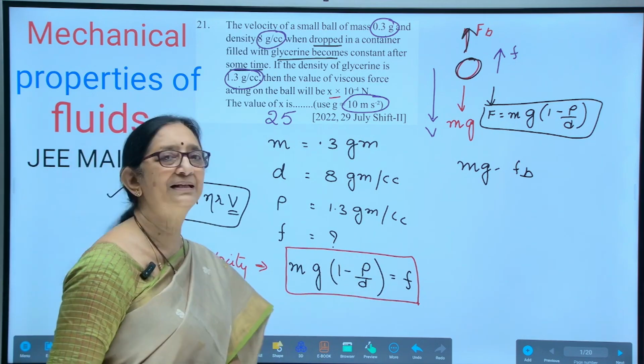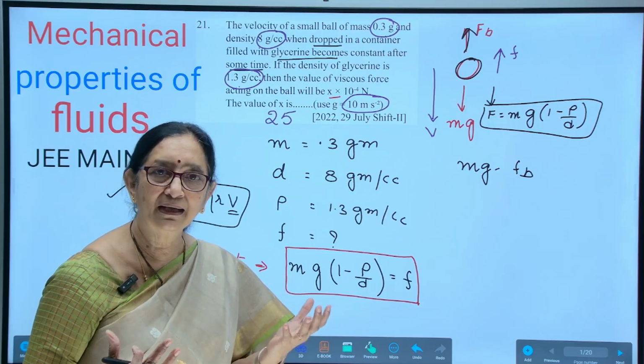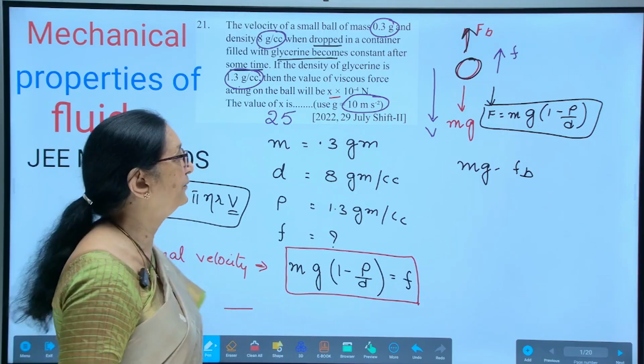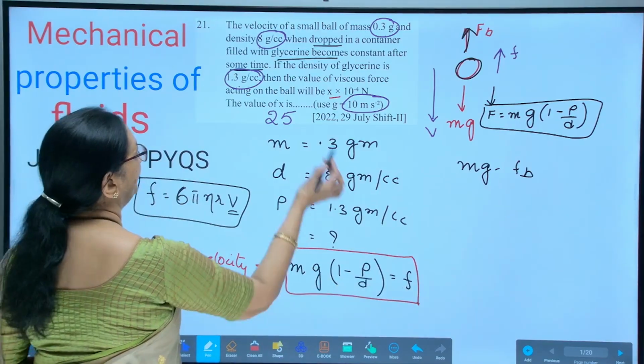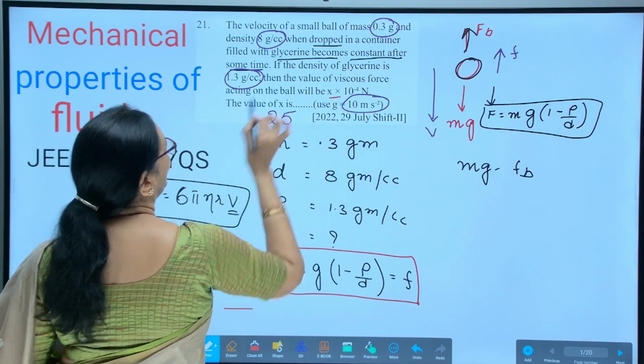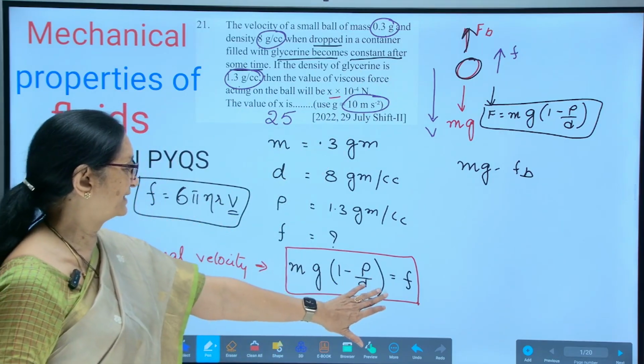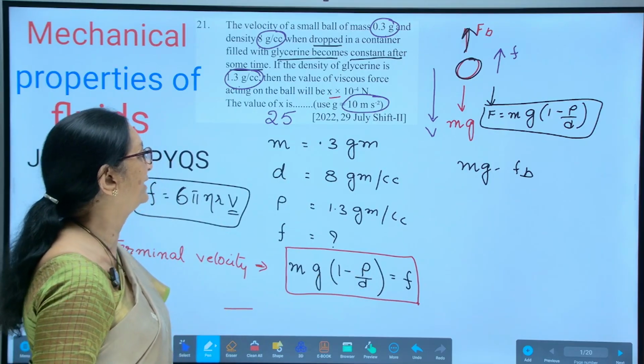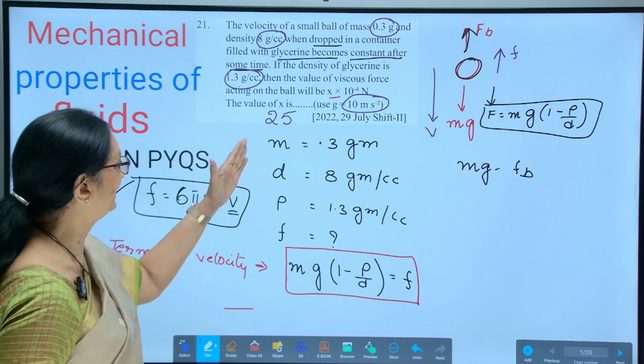When it is balanced by the viscous force, naturally it moves with terminal velocity. Here you are supposed to find, when it attains constant velocity, the viscous force, that is nothing but mg into 1 minus rho by d.